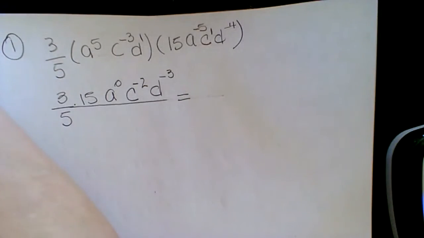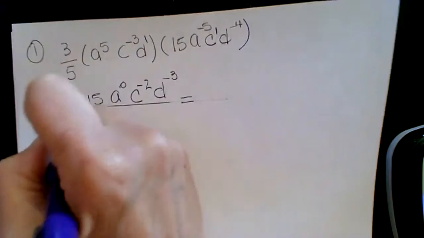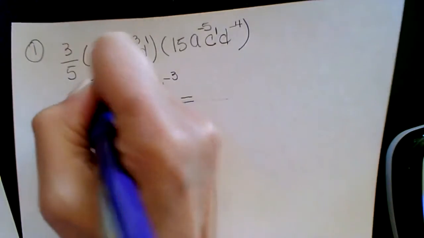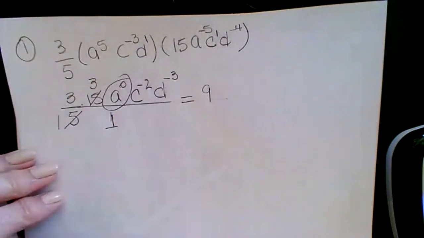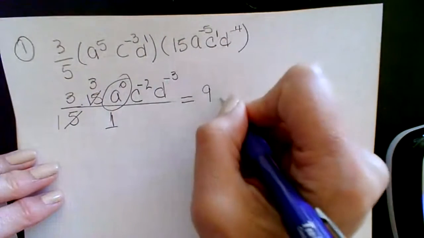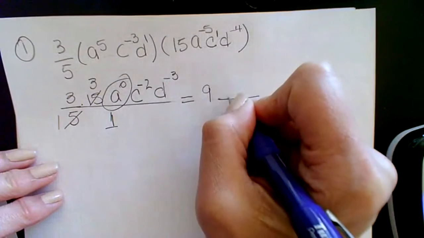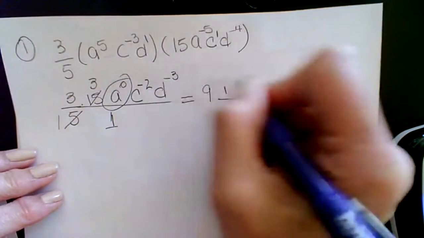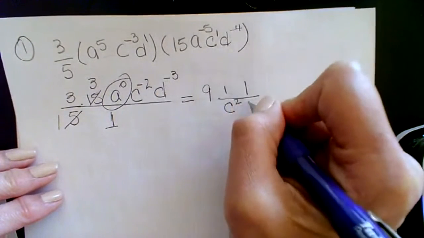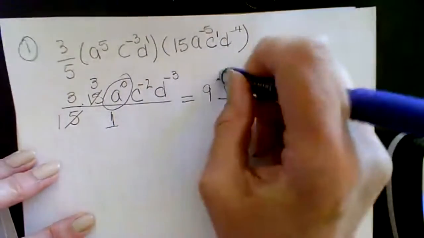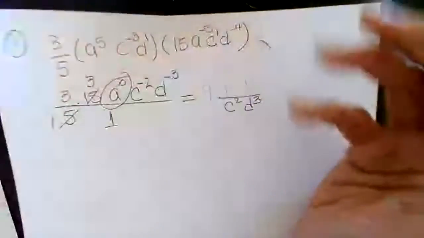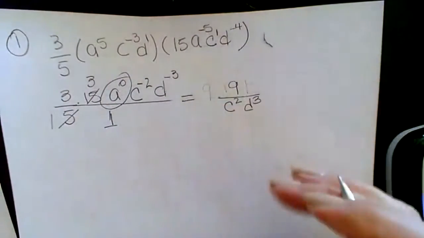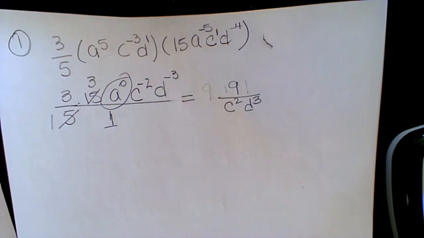First, let me simplify it. Divided by 5, 1. Divided by 5, 3. So I'm going to have a 9. What did we say this one was? This is a 1. What's the reciprocal? It's going to be 1 over d to the 3rd power. So my answer is going to be 9 over c to the second power times d, okay?